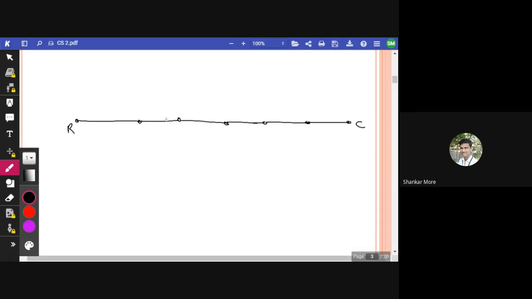Okay. Now from first node to the fourth node, we have one loop, and we have one loop here also. Then we have one loop here also, and then lastly we have one loop here.